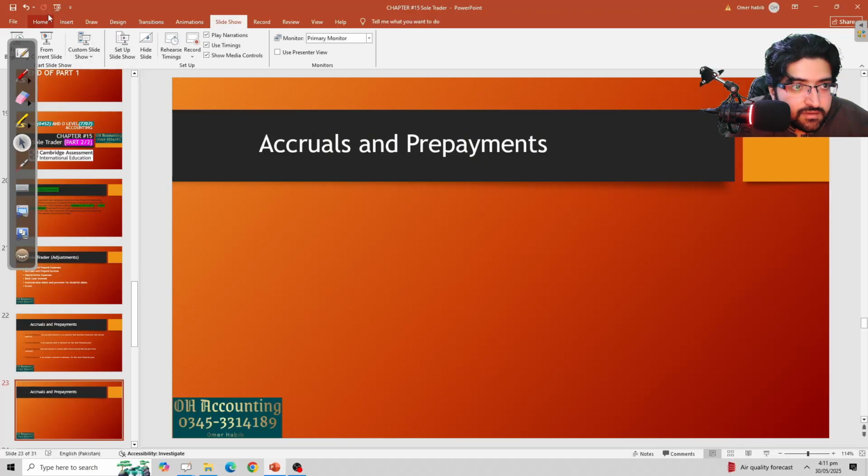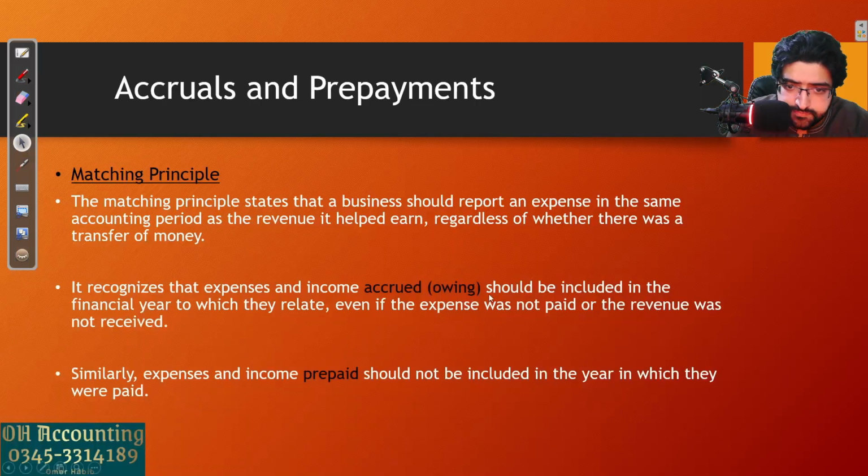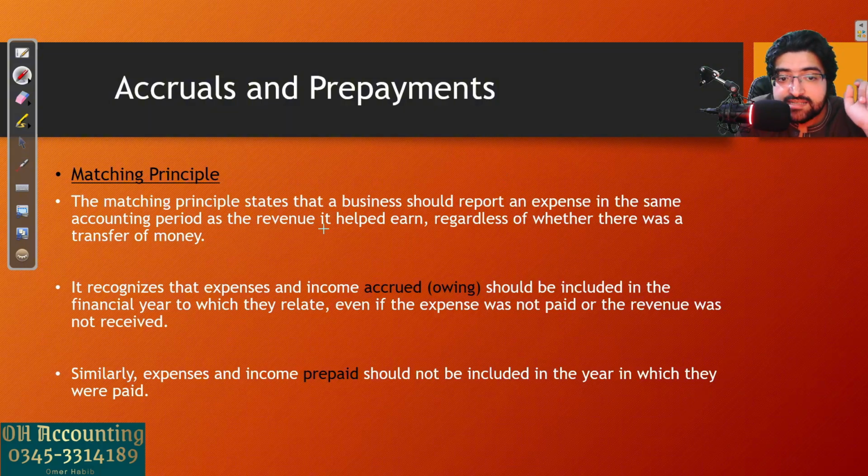Let me just bring that text back in case someone wants to use these slides later and I have to upload them. Okay, now let me read this. The matching principle states that a business should report an expense in the same accounting period as the revenue it helped earn, regardless of whether there was a transfer of money.